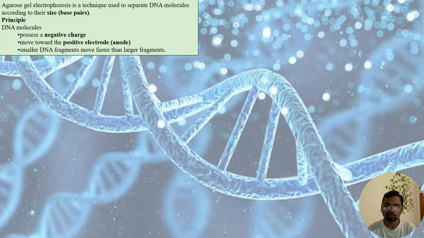This highly negative charge is always attracted to the positive charge, so the DNA is attracted toward the anode side, the positive electrode. Smaller DNA fragments move faster compared to larger ones, because larger DNA fragments have higher mass.